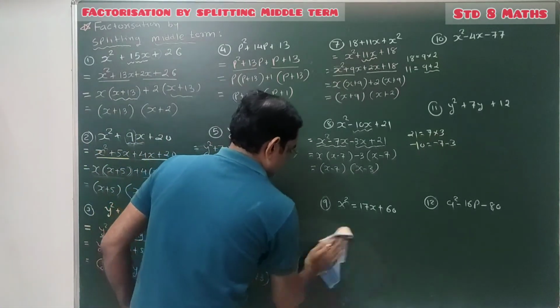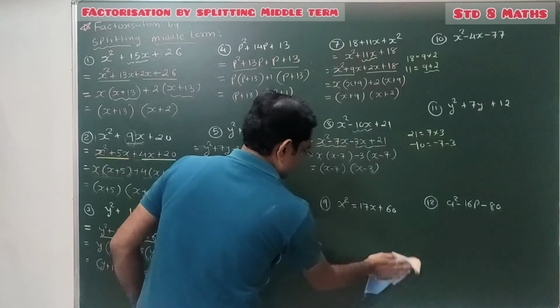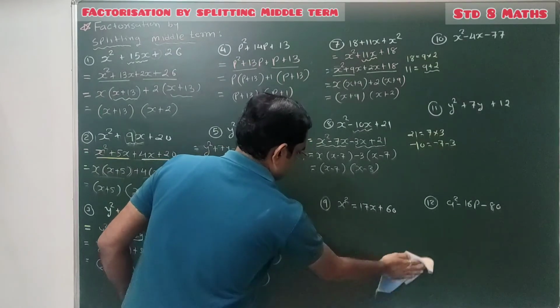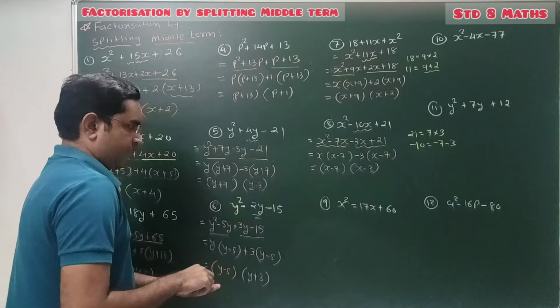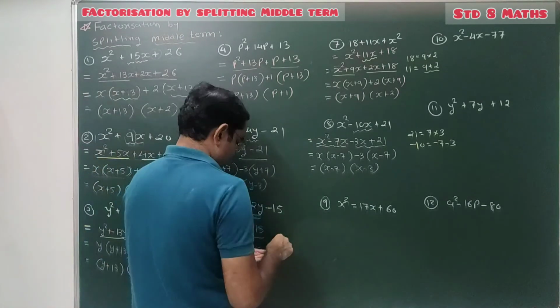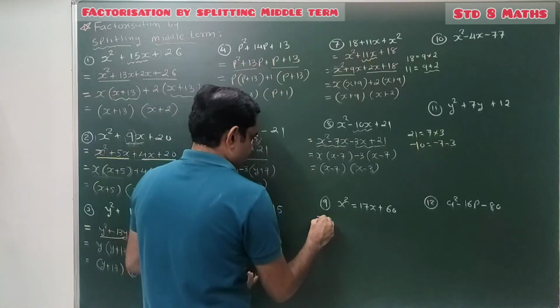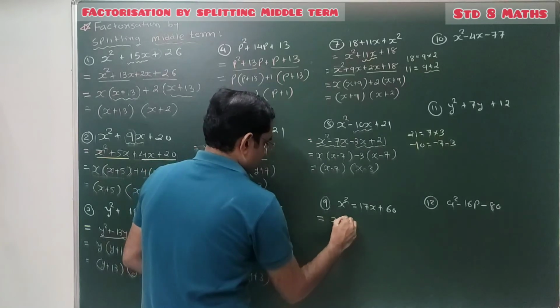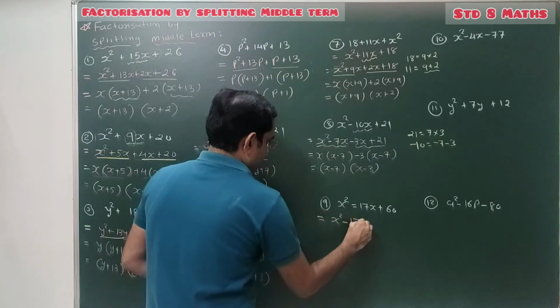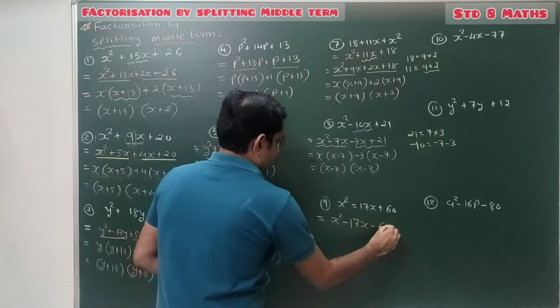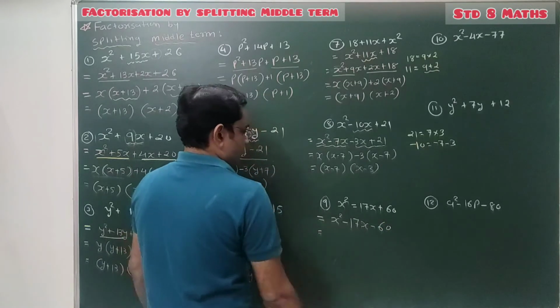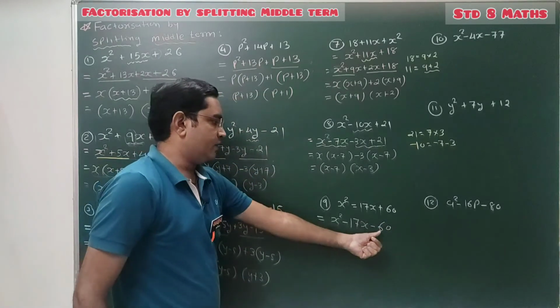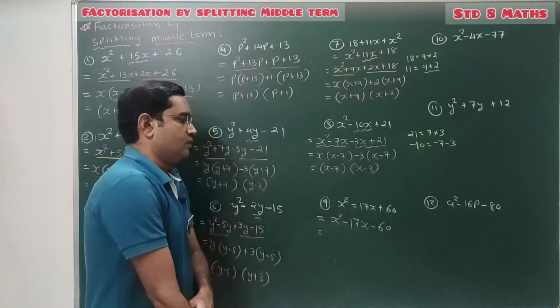Now question number 9. Again we have to rearrange these terms. So this is equal to x square minus 17x minus 60. Now here, we need factors of 60 whose subtraction is 17.